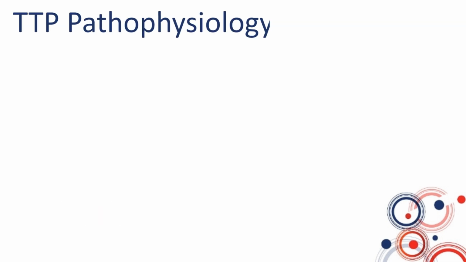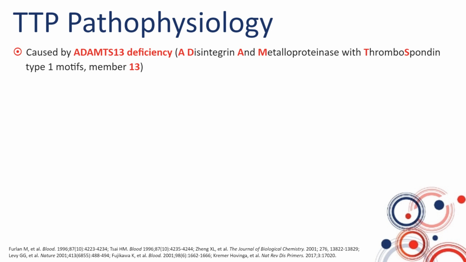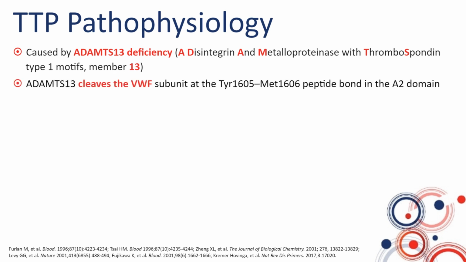But what are the causes of TTP and the pathophysiology? It has been established that ADAMTS13, which is a metalloprotease, has an important and key role in the cleavage of the von Willebrand factor, and this cleavage happens at tyrosine 1605 and methionine 1606 in the A2 domain of von Willebrand factor.